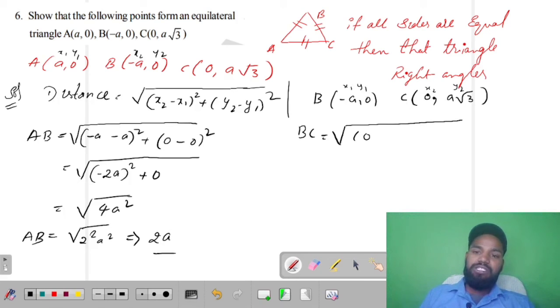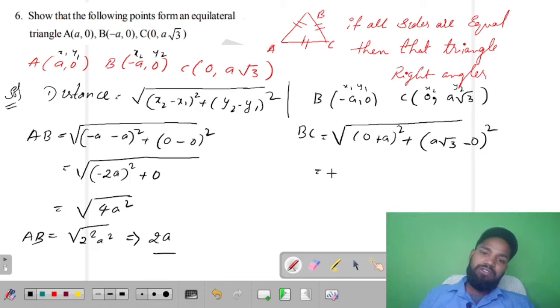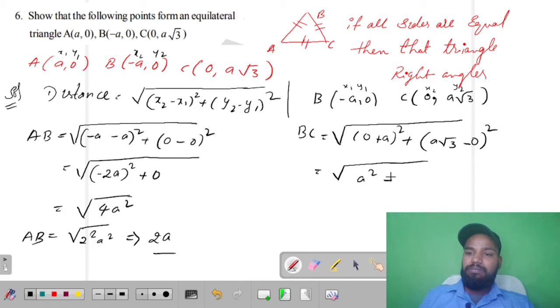X2 minus x1 is 0 minus a, minus a becomes plus a. Next y2 minus y1: y2 is a root 3, y1 is 0. That equals under root a square plus a root 3 whole square.